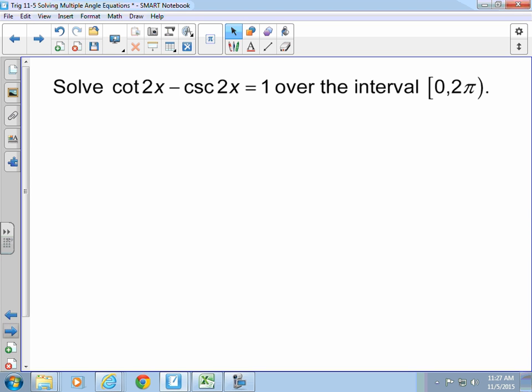So now we're getting into some ones like yesterday's problems that get tricky, but now we can deal with multiple angles if we want to. We don't have to. We could change them into regular angles if it's easier.